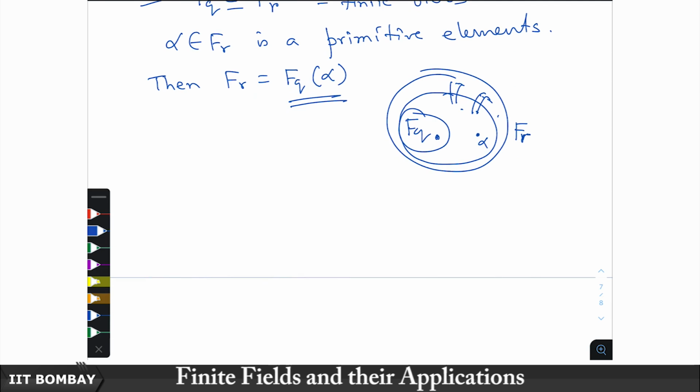Now, we will come to the result that we said we will prove as a consequence. For every positive integer n and every prime power, there is an irreducible polynomial of degree n over the finite field F q.